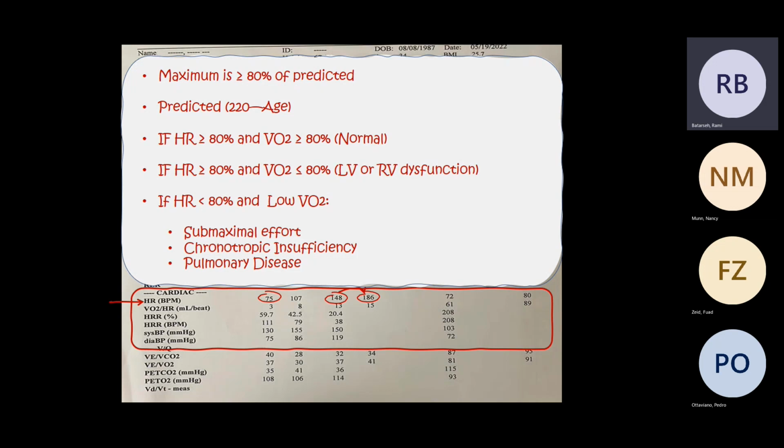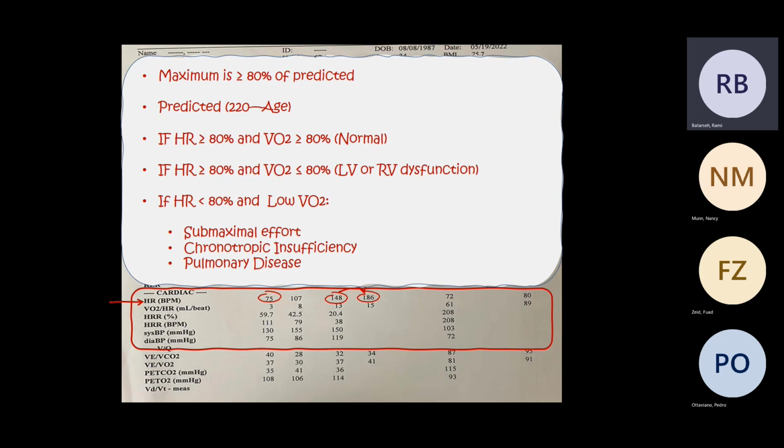Because normally, all of us in this room, if we are normal, what should limit our exercise? The heart, not the lung. The heart should limit exercise because I will start having fatigue and the flow will not be sufficient to supply the muscles, and my lactate is going up and all of that stuff.